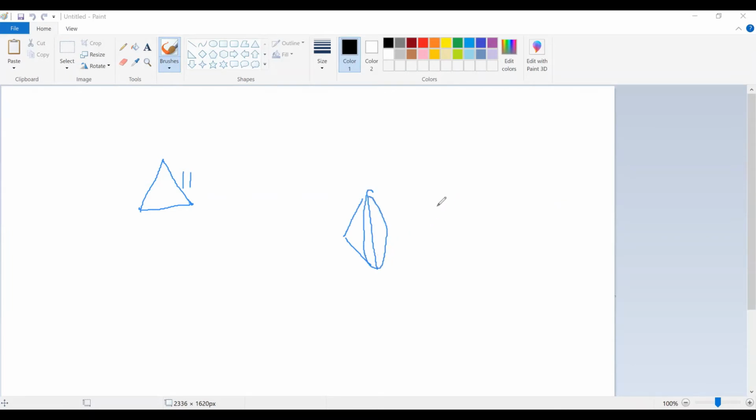And the difference between two sides has to be smaller than the other side. For example, the difference between this one minus this one has to be smaller than this.